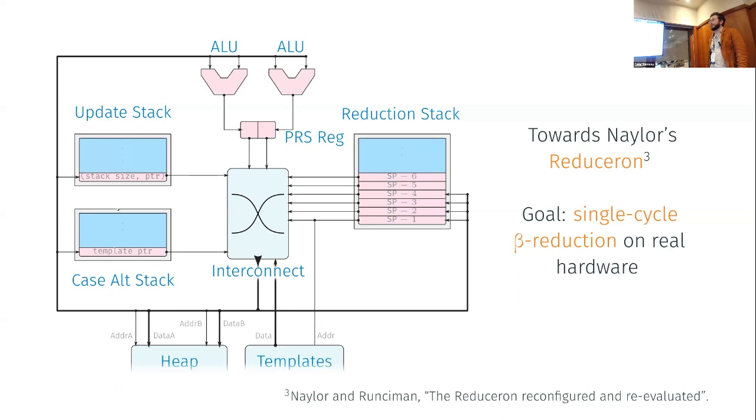You have to do one fewer layers of function application to get your answer there, usually. The other win, though, is moving some of that accounting out to its own stack means you always know exactly where to look when you're trying to jump to the right alternative. If you don't have that stack, you're looking at different points on your main stack, depending on the arity of your constructor, and it gets a little bit messy.